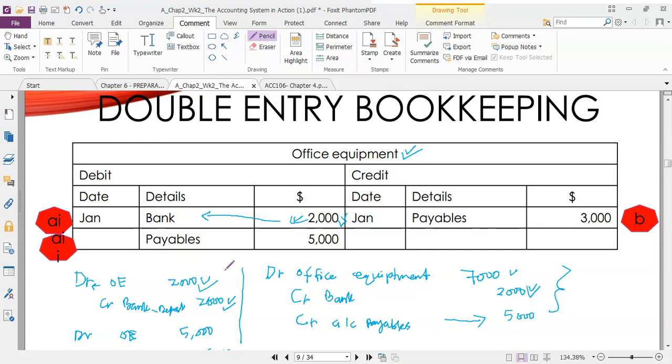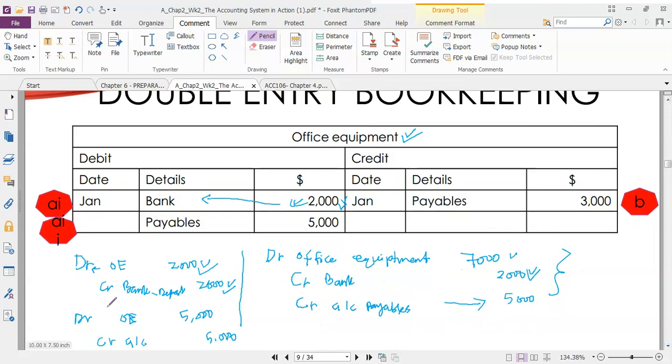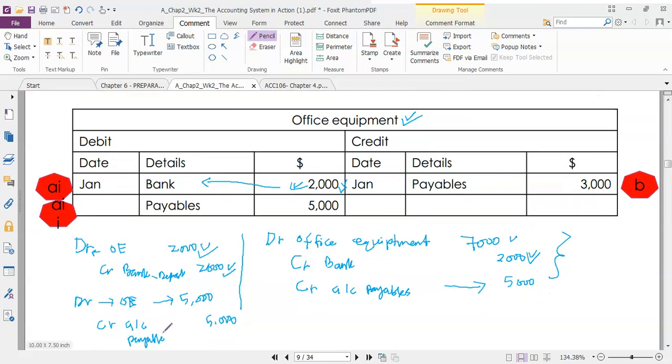So that's why the double entry should be debit office equipment. OE stands for office equipment. We must debit 5,000 and we must put credit for account payable. When we owe to the supplier, the name of the supplier to the business, we call it as account payable. So that is liability.